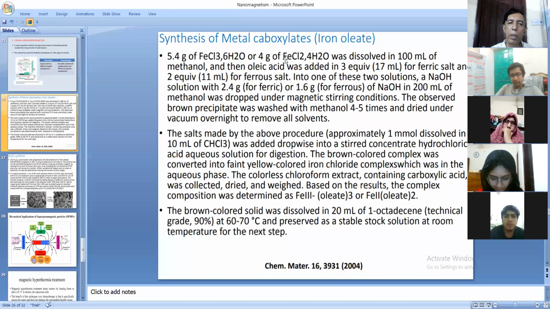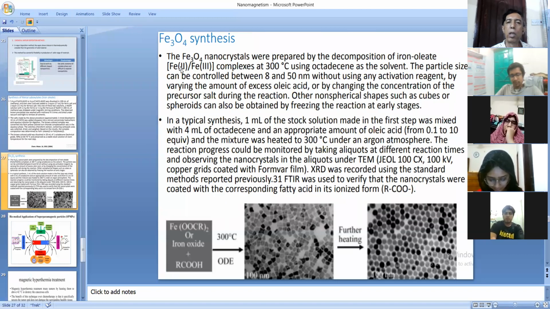This is the pre-iron oxide synthesis. That means from ferric chloride, you will get the ferric oleate, the iron oleate complex, and from this iron oleate complex, you will get iron oxide. It is the procedure for how you can do it.